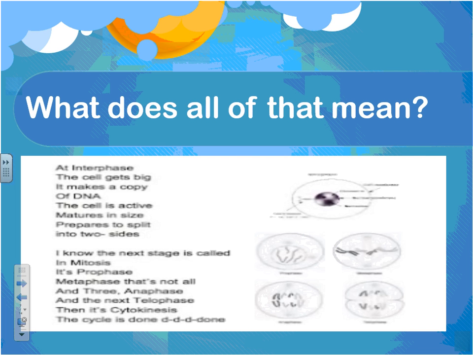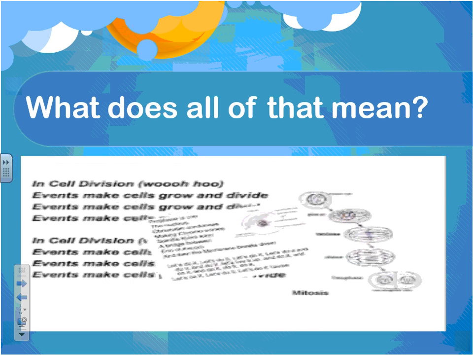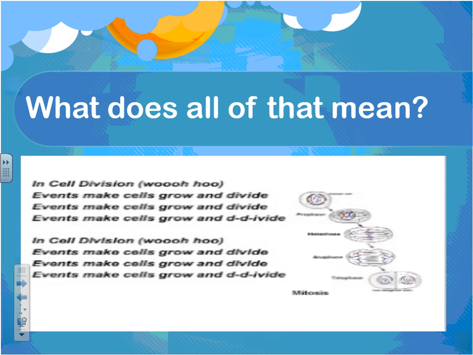The next stage is called mitosis. Prophase, the nucleus, chromatin condenses.